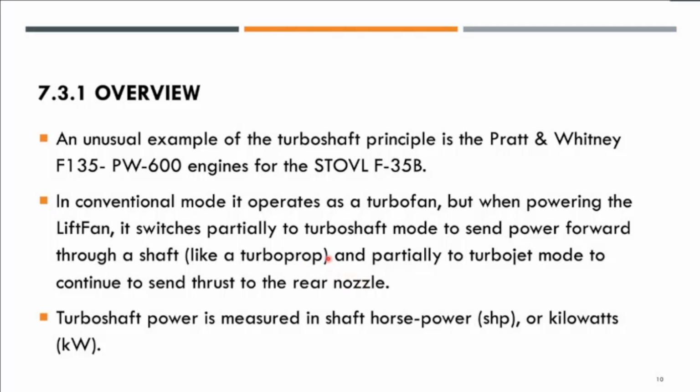So it is a quite complex type of engine, because it can have a short takeoff and vertical, and also it have a high powered for forward movement. The turboshaft power is measured normally in shaft horsepower, SHP, or normally denoted by kilowatts, kW. All right.